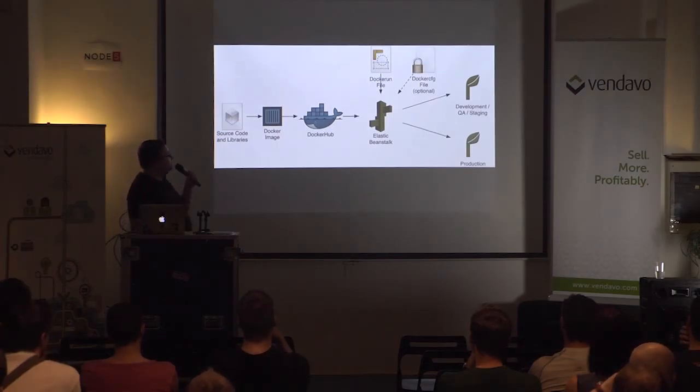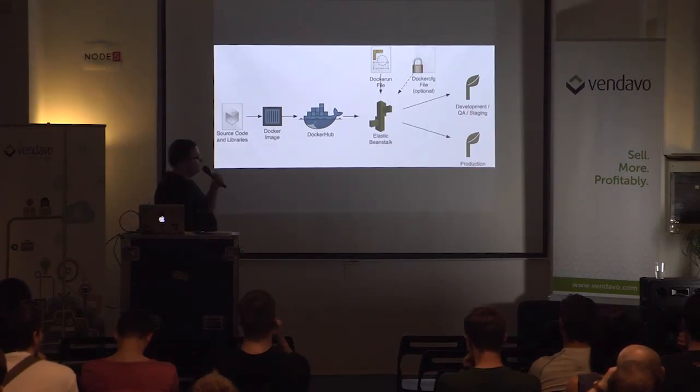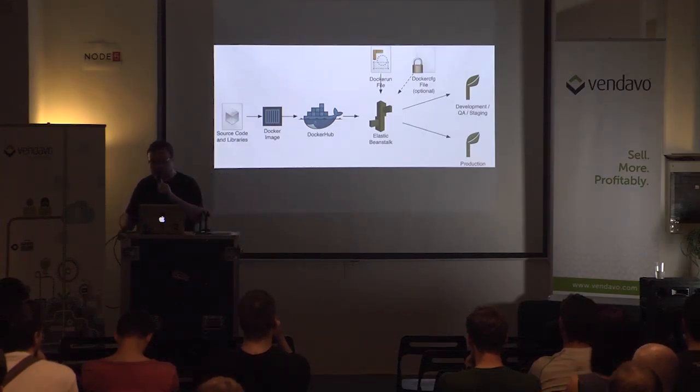If you use a Docker private registry, you can modify the Docker config, and you have a configuration file, the Docker run file, that is interpreted in Elastic Beanstalk, and you can deploy to many environments, 10 or whatever you want.